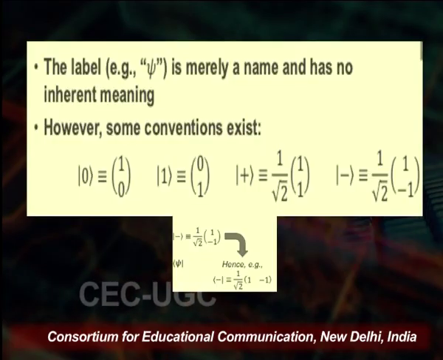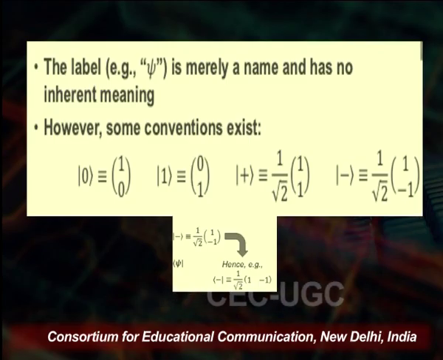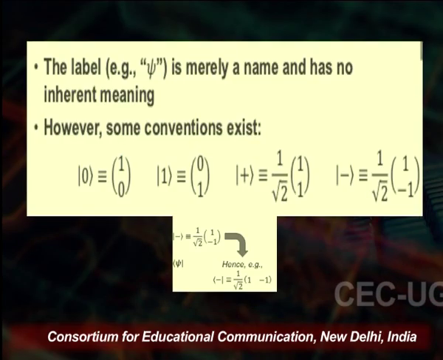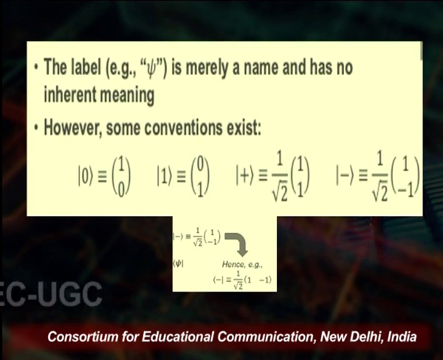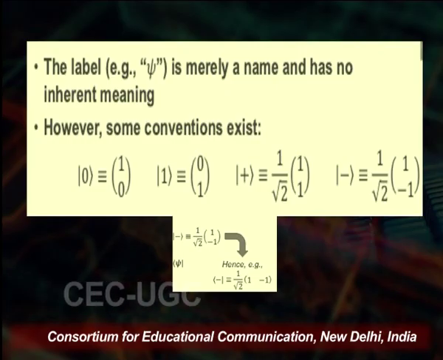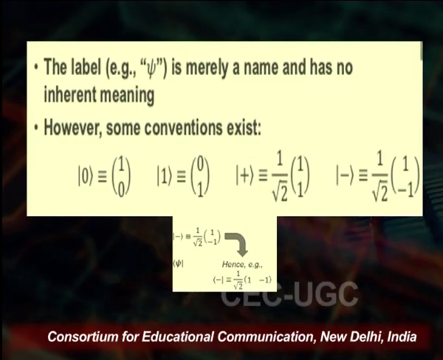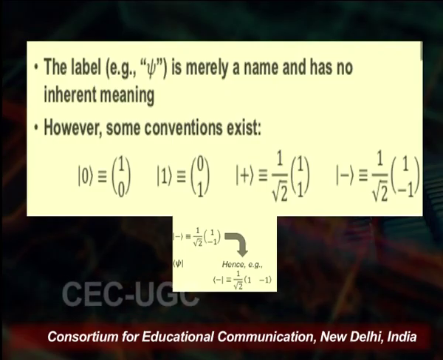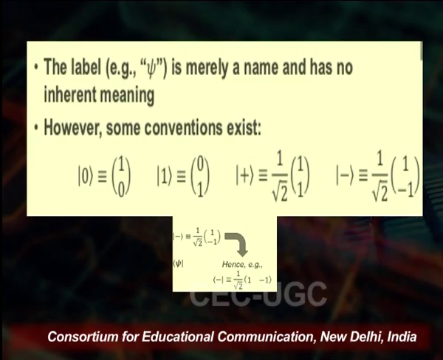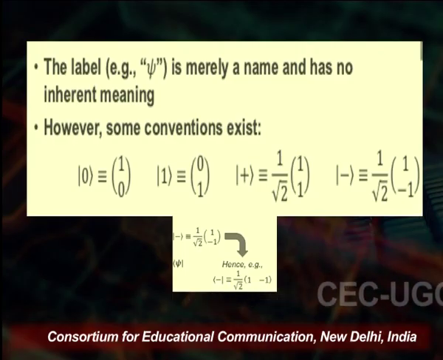Now we can see the table. You can see here 0 is represented by 1 0. The label, for example psi, is merely a name and has no inherent meaning. However, some conventions exist: 0 can be written as 1 0 and 1 written as 0 1.